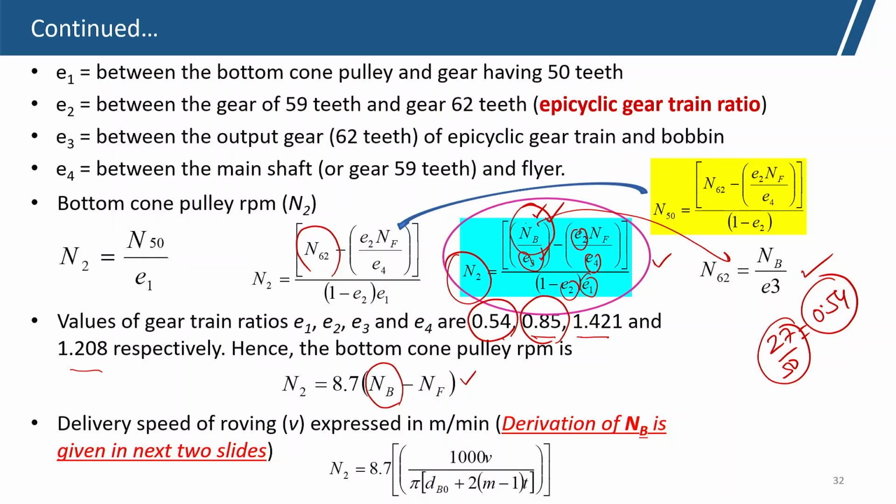Now, N2 will be 8.7 and NB minus NF, which is nothing but the winding RPM. NB minus NF equal to 1000 V divided by pi dB0, initial bobbin diameter, plus 2 m minus 1 T. Here m is the mth layer.